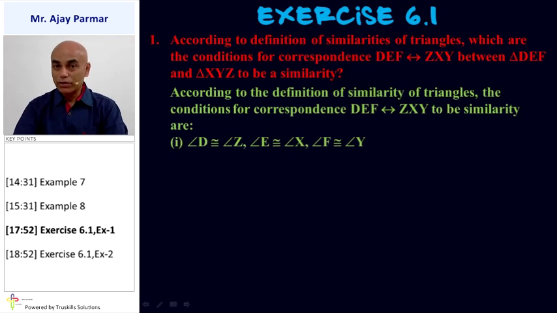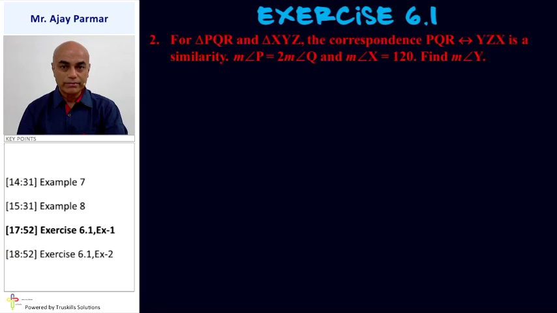That means angle D congruent to angle Z, angle E congruent to angle X, and angle F congruent to angle Y. That is mainly because D is corresponding to Z, E is corresponding to X, and F is corresponding to Y. And the sides, that is line DE upon ZX, should be equal to EF upon XY, should be equal to FD upon YZ. And that is why we say that this condition should be there for the correspondence DEF to ZXY to be a similarity.